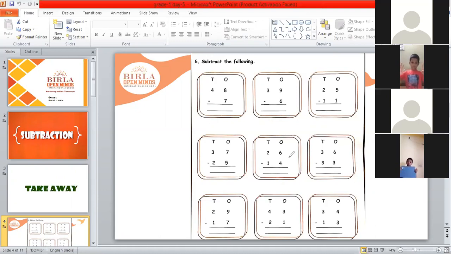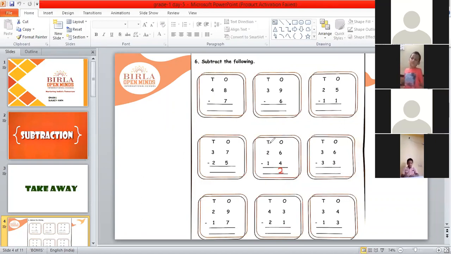Now how many fingers you will remove from these 6 fingers? 4. Now remove 4 fingers and tell me what is the answer. Where are your 6 fingers? How many fingers are left? 2. So this means 6 minus 4 is equal to 2.